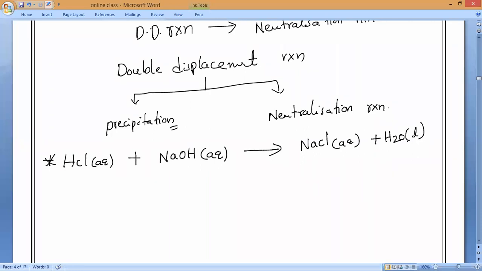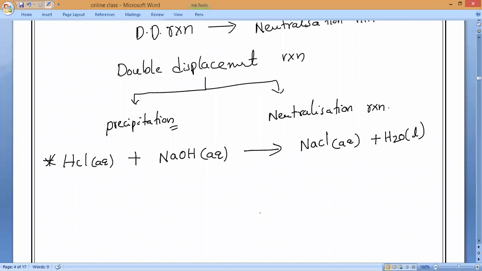Sir, ammonium hydroxide, sir. Which one? Sodium hydroxide. Hydrochloric acid. Purima. Yes, sir. What else, Mukul? Ask me. Clearly ask. Sir, no, sir. First you said like ammonium hydroxide.